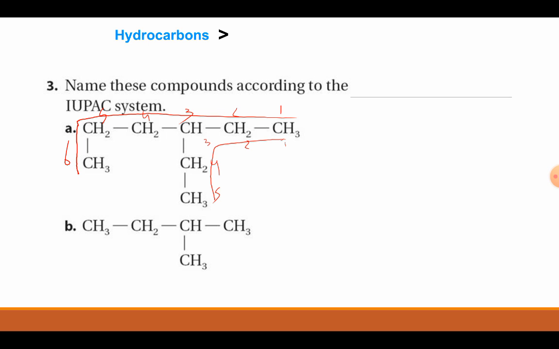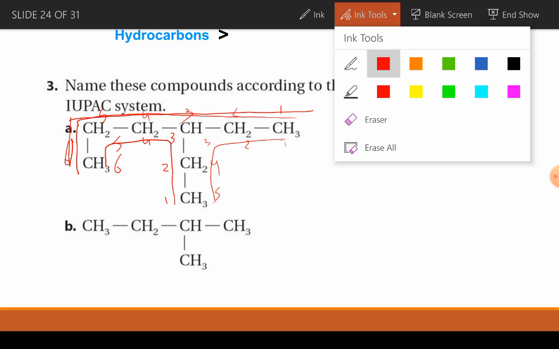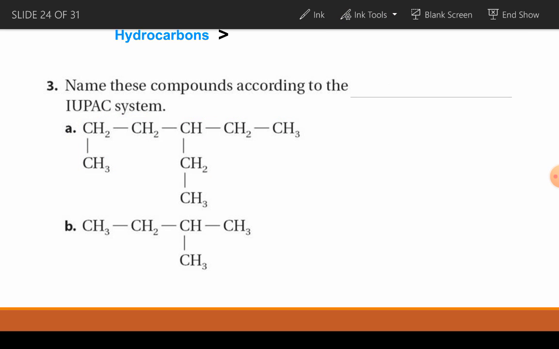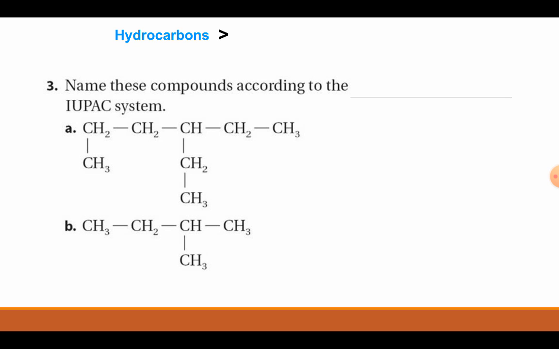And the other one: 1, 2, 3, 4, 5, 6. So we have two equal branches, so we can use this one. Let's make it clear. So we'll choose this one.